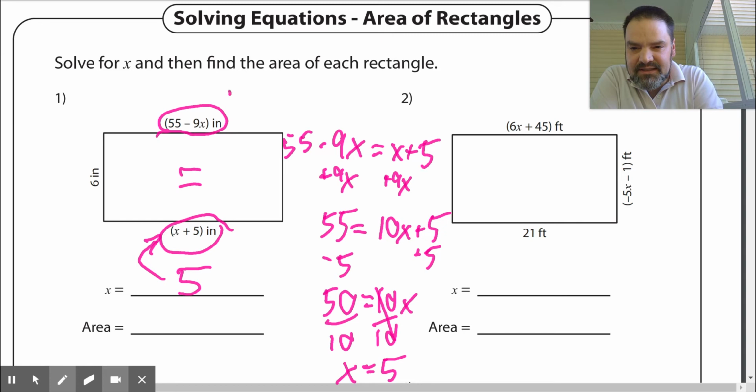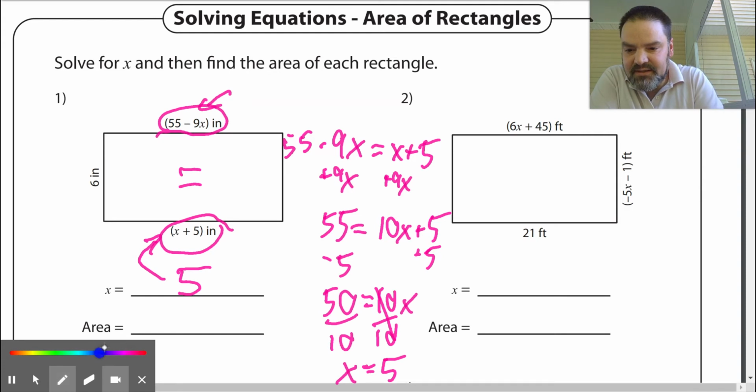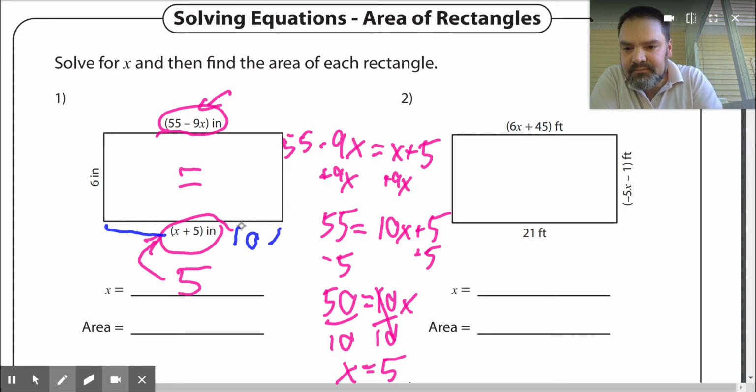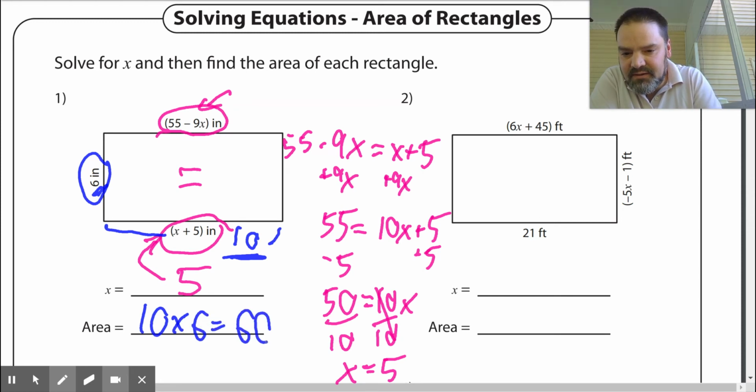I could also put it into here for that matter, but this certainly looks easier to me. 5 plus 5 is 10. So therefore, this has a length of 10. I have a length of 10, and my width is 6. Therefore, my area is 10 times 6, or 60.